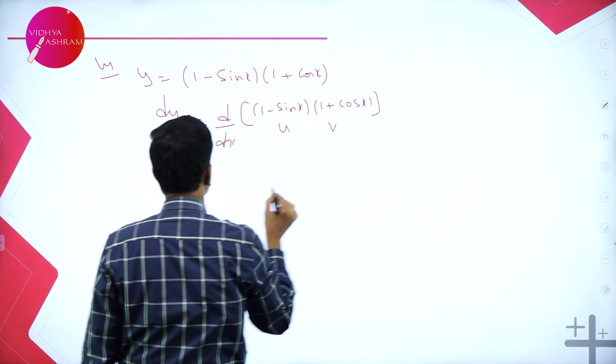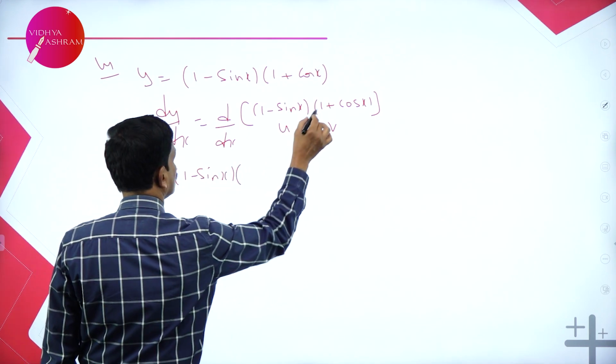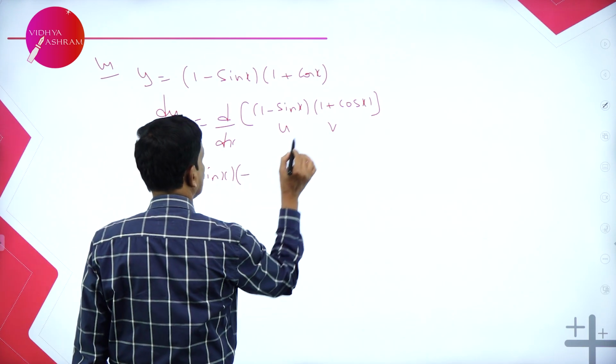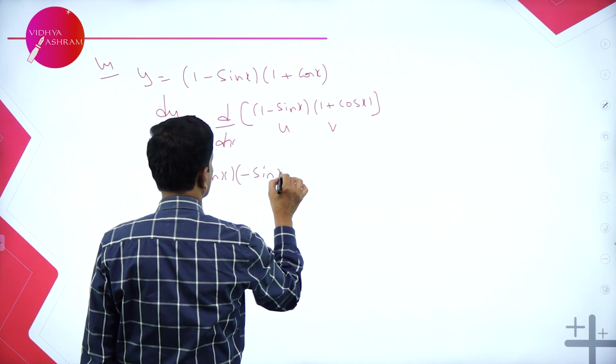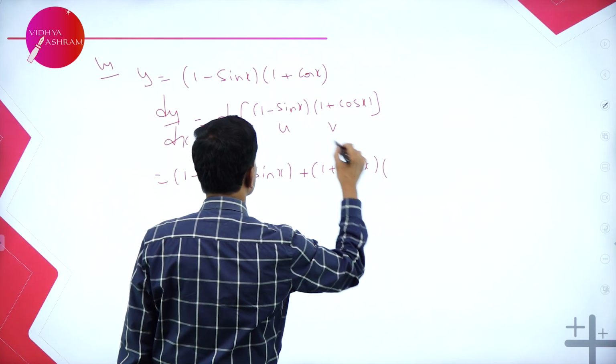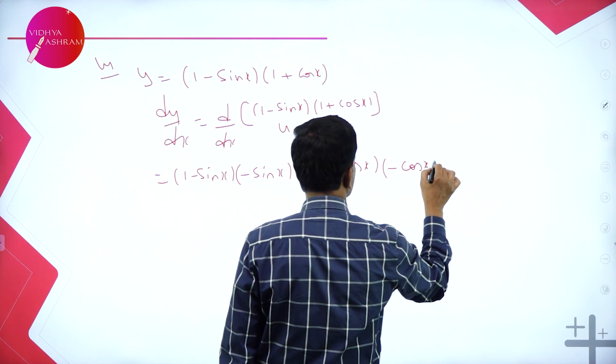This is the same UV method. So, 1 minus sin x into differentiation of the second function: differentiation of 1 is 0 and differentiation of cos x is minus sin x, plus second function kept constant, 1 plus cos x into differentiation of 1 minus sin x: differentiation of 1 is 0 minus differentiation of sin x is cos x.